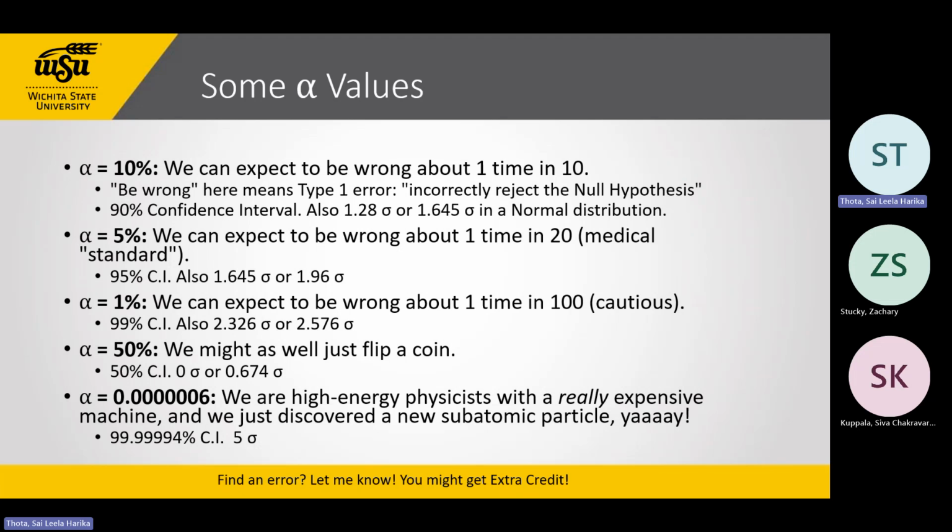And if you observe 0.0006, like we are high energy physicists with a real expensive machine, then alpha equal to 0.000006 comes under the 99.9999% confidence interval, which is 5 sigma. So this is, in simple terms, based on confidence intervals there will be alpha values, and you decide the significance of the values based upon these.